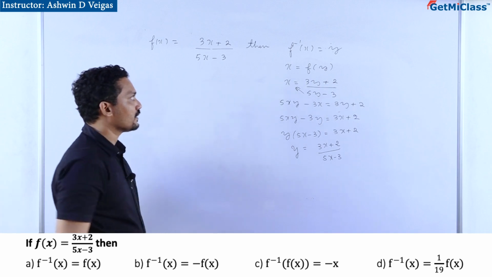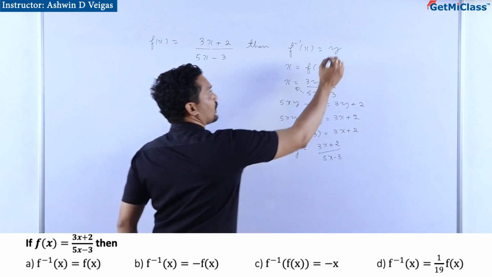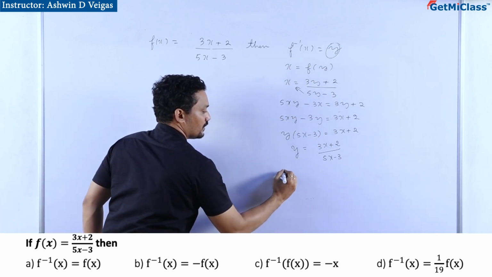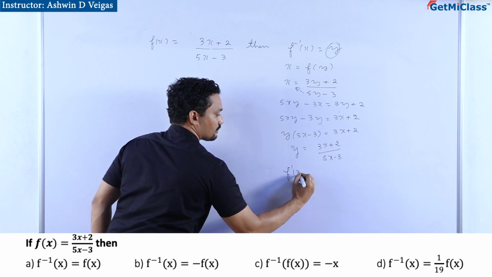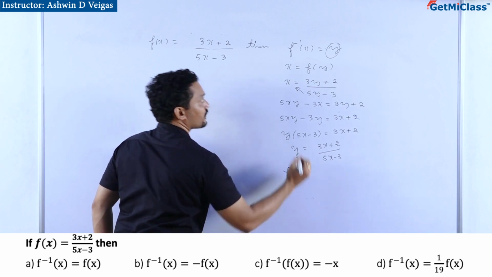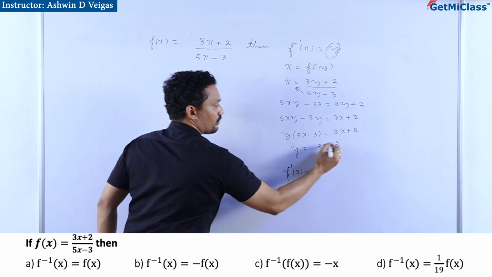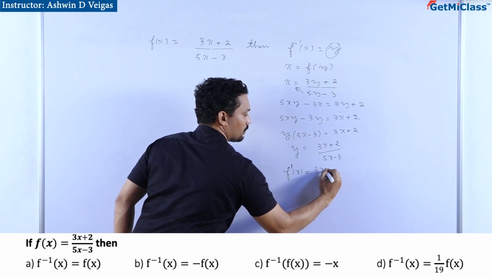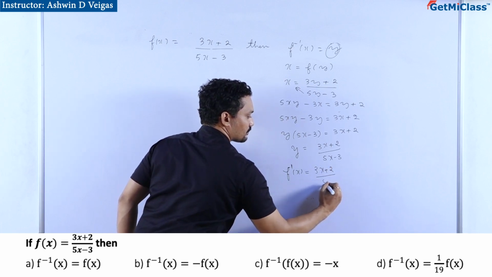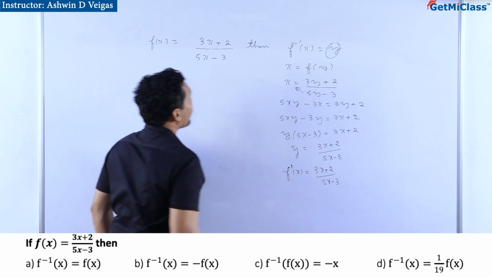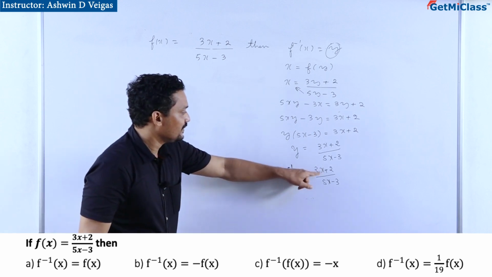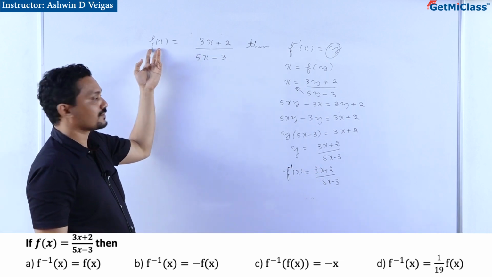So, you will get it like this. Now, if you substitute back here, f inverse of x is nothing but y, which is (3x plus 2) by (5x minus 3). And this becomes the same as this.